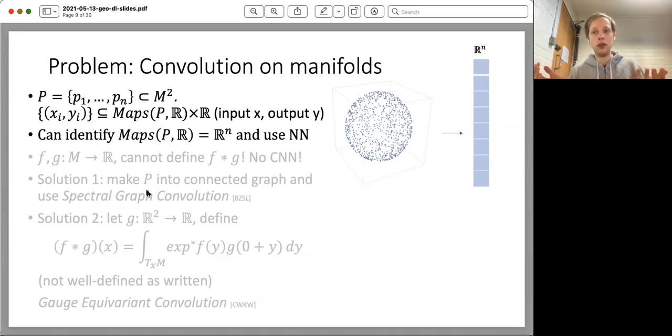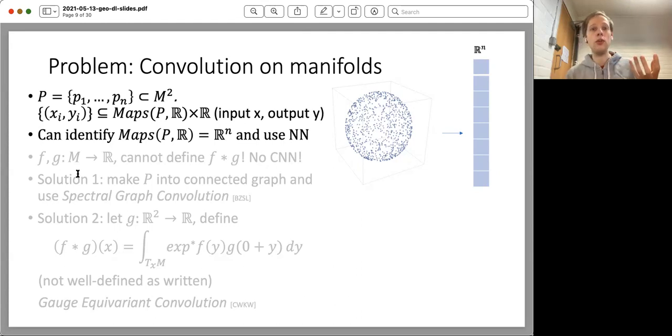One thing you can do is identify maps from P to R with R^n, which you can do because a map from P to R is just a real number at every point. You forget that they were living on a manifold, and then you just use a fully connected neural network.